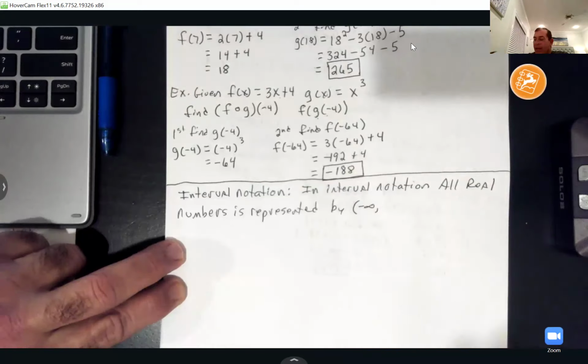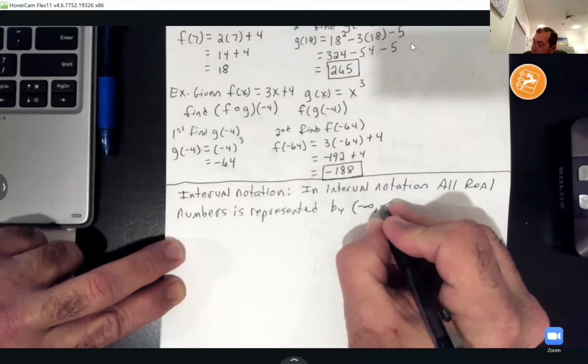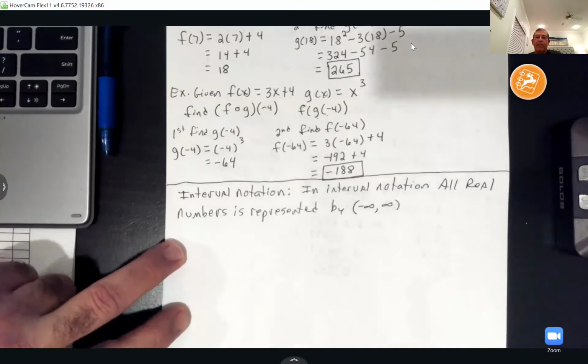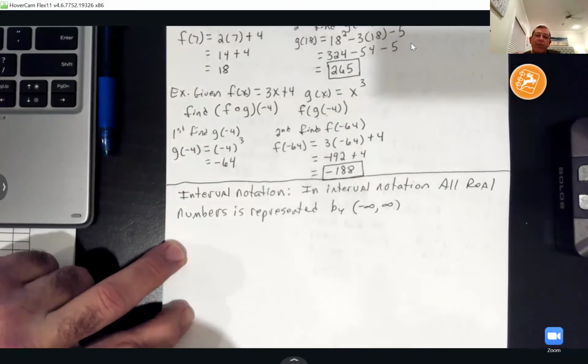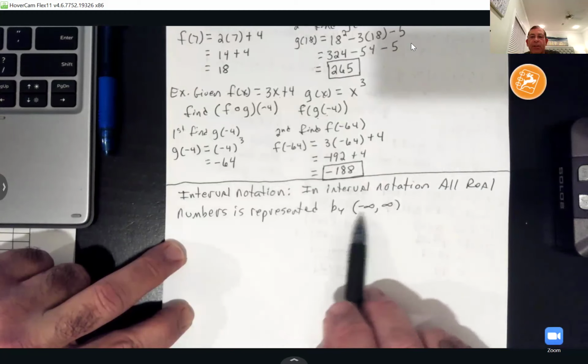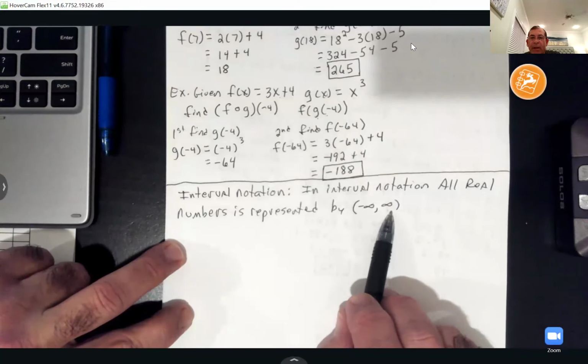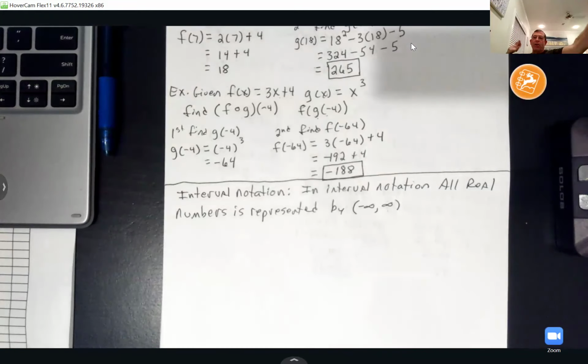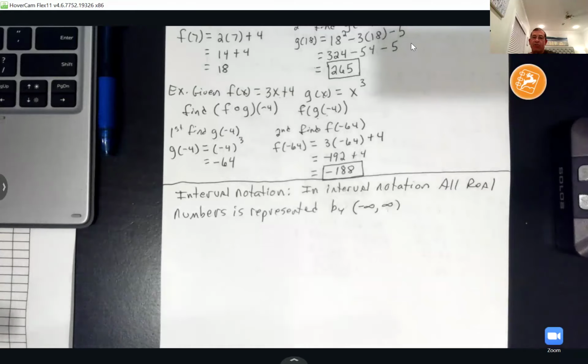And the furthest I can go to the right is positive infinity. So if your answer is all real numbers, you're going to use this symbolism right here, from negative infinity to positive infinity. That means all your numbers that we can imagine left and right, make that true.